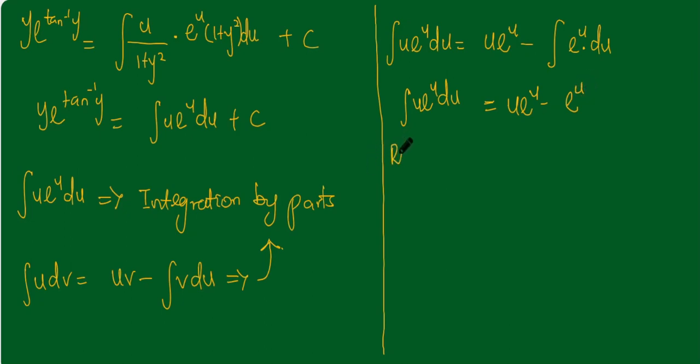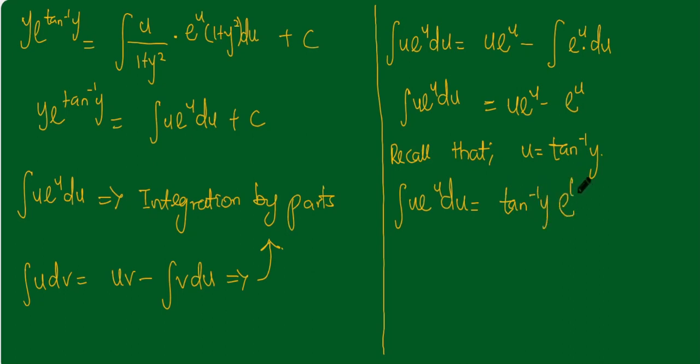So now we can recall that u is equal to tan inverse of y. So the integral of u e raised to power u du now gives us tan inverse of y multiplied by e raised to power tan inverse of y minus e raised to power tan inverse of y.